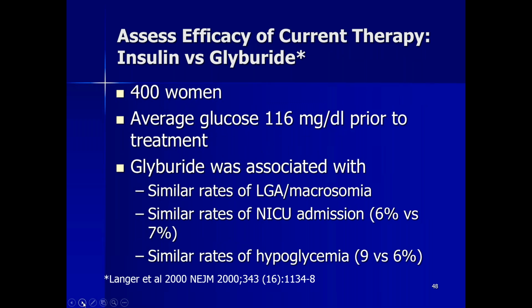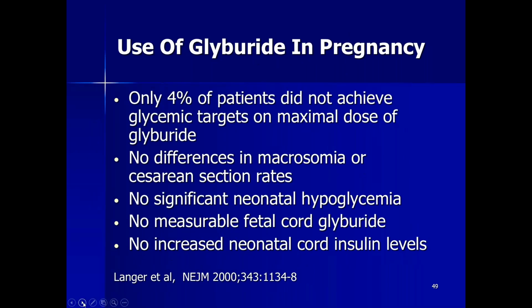They had average glucoses pretty close to ideal prior to treatment, and he found that Glyburide had not much effect on macrosomia rate, did not increase the NICU admission rate, and did not really increase the rate for neonatal hypoglycemia. Most of his patients met their desired glycemic targets, and again, there was no measurable fetal cord blood Glyburide noted.